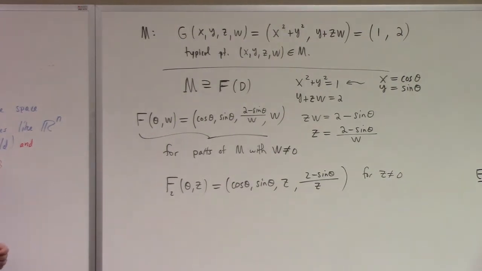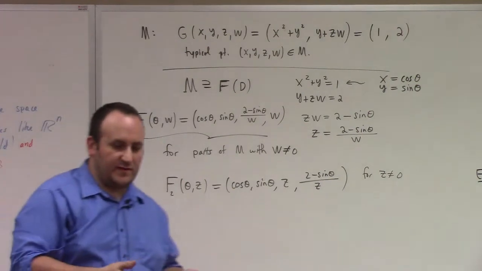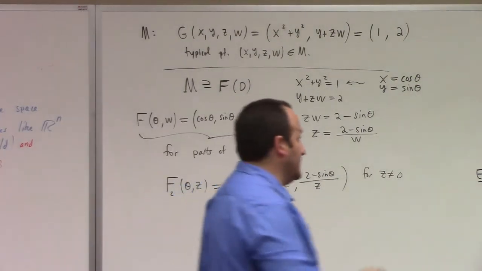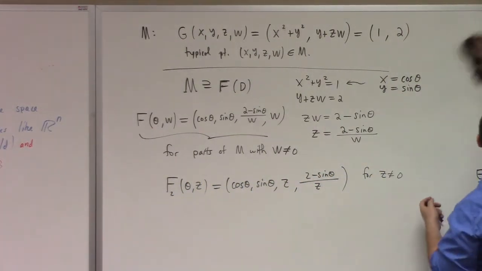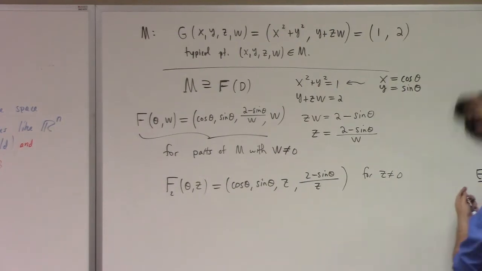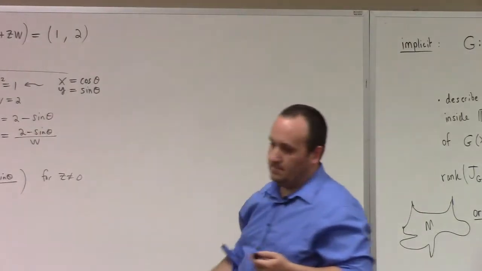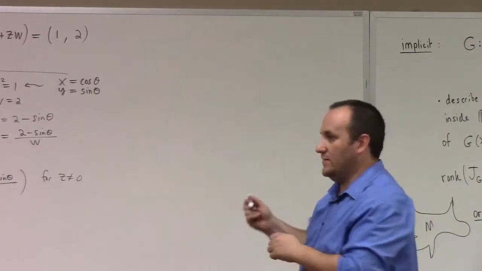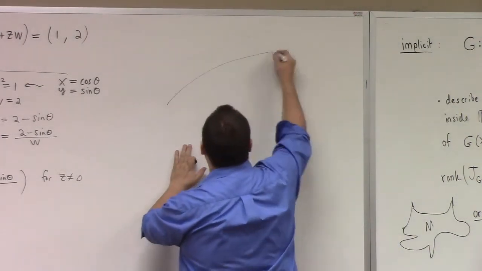Okay, so the next idea that I want to talk to you guys about is tangent space and normal space. What should the tangent space to a manifold be? Here, I'll draw a picture. So this is the manifold.